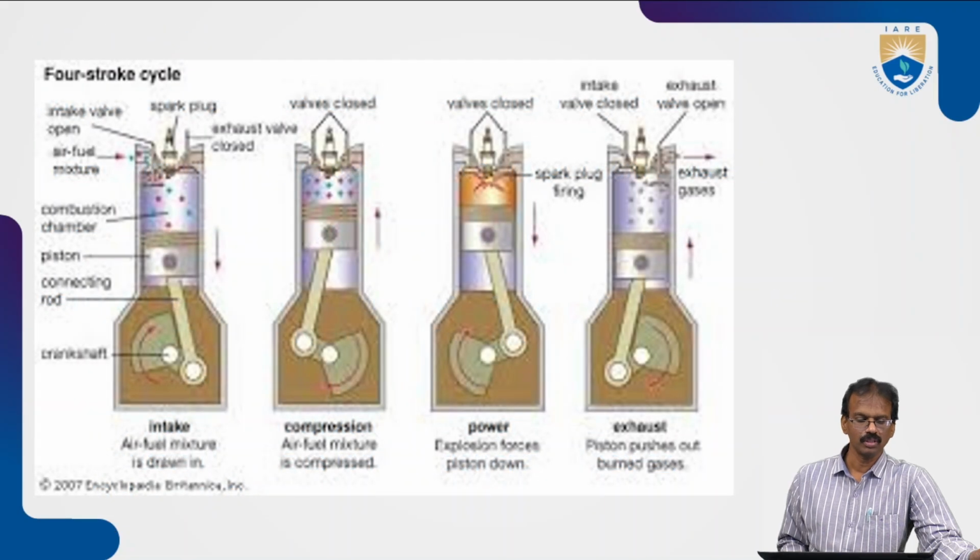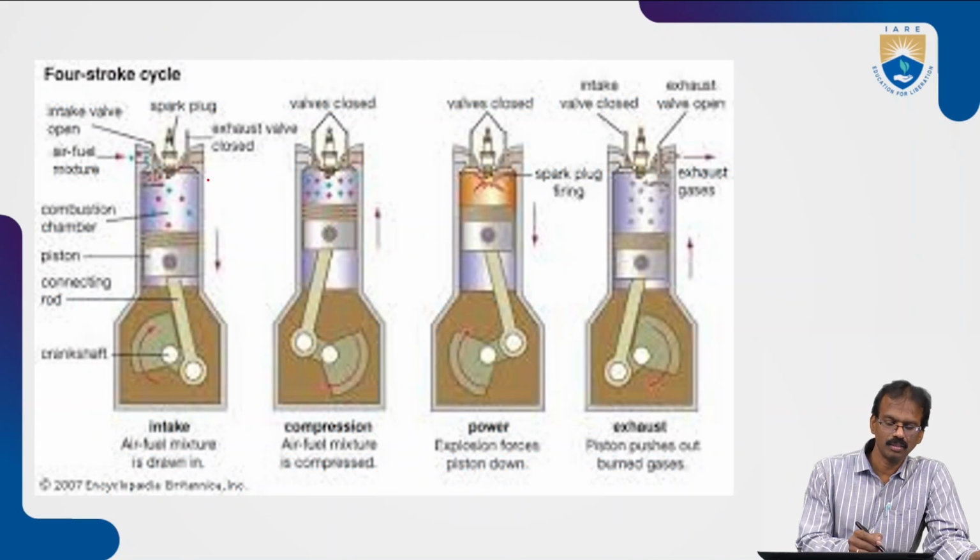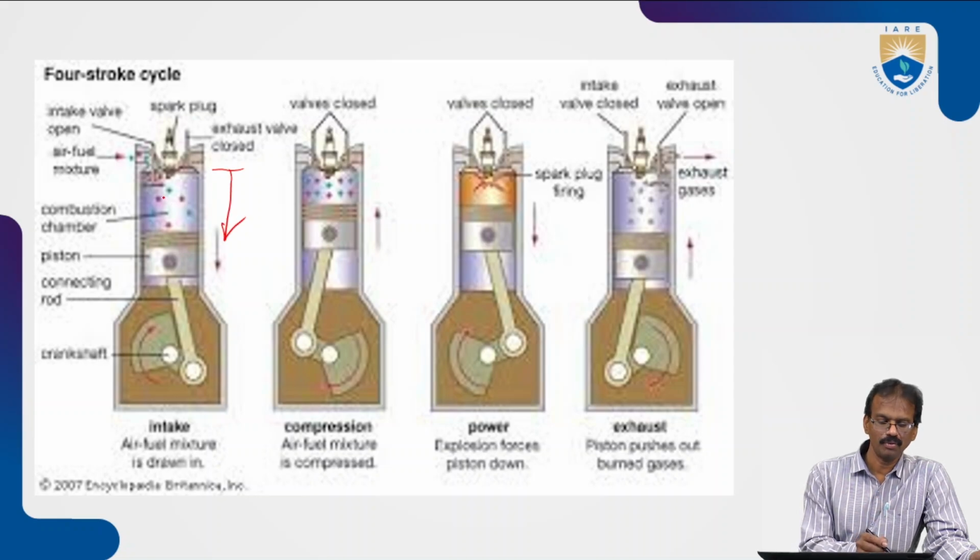So here we can see in the suction stroke, the piston moves from top dead center to bottom dead center, so automatically a vacuum will be created. Here vacuum means the pressure inside is less than the pressure of the atmosphere. Automatically, through the inlet manifold, the air fuel mixture comes into the cylinder.